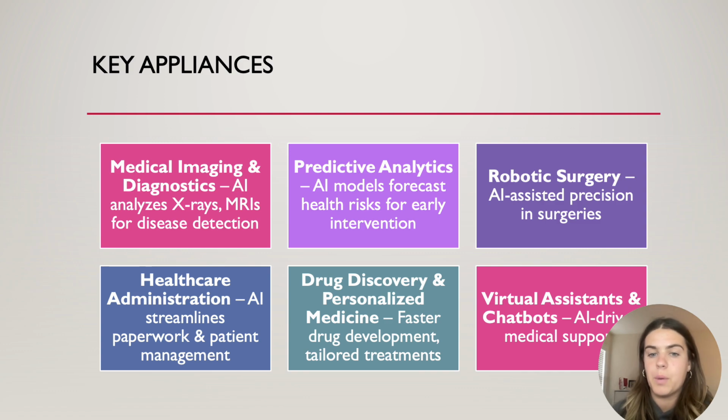So AI would help with faster drug development and tailored treatments. AI could maybe tell a medicine that would have a better effect than something the doctor has prescribed, and have a different insight into why that would be a better medicine for the patient to use. My last one is virtual assistants.